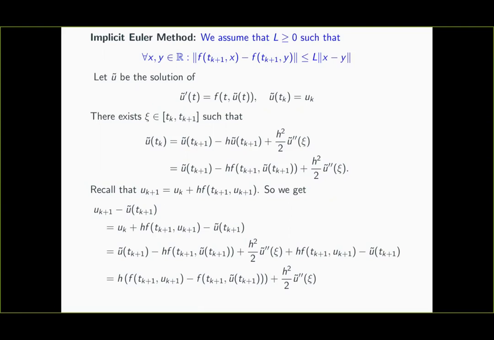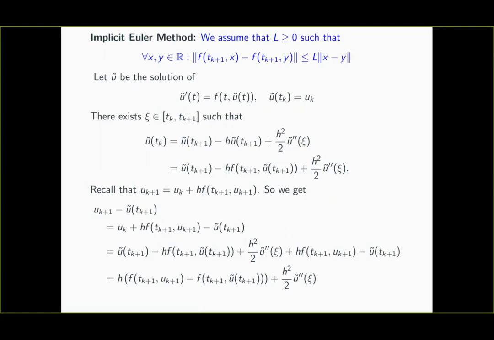Let me remark that on this slide, on the next slide, I will focus on scalar valued ordinary differential equations. So u is just a function with values in the real numbers. The generalization to functions that have values as vectors is only a minor modification, and presenting that would make it only unnecessarily difficult.